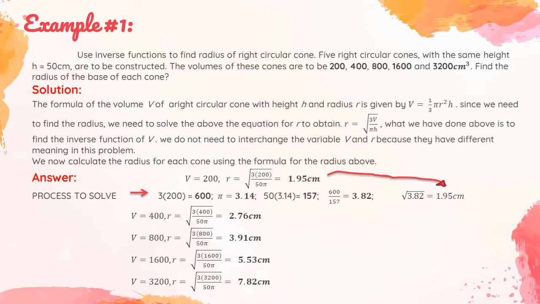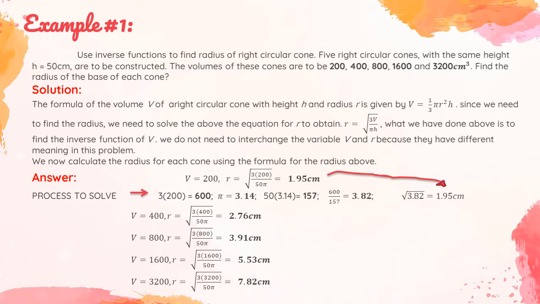Next, volume equal 800. Radius square root of 3 times 800 over 50 times 3.14 is equal to 3.91 centimeter. Another, volume equal 1,600.